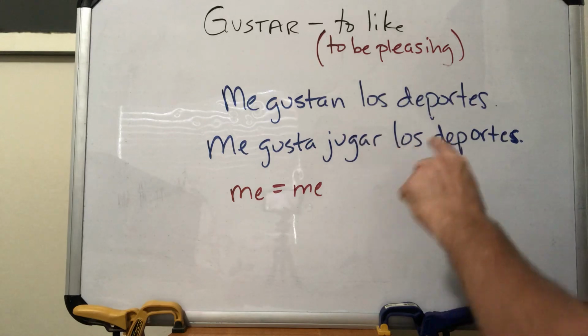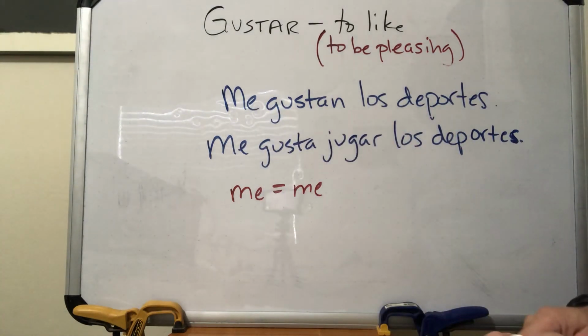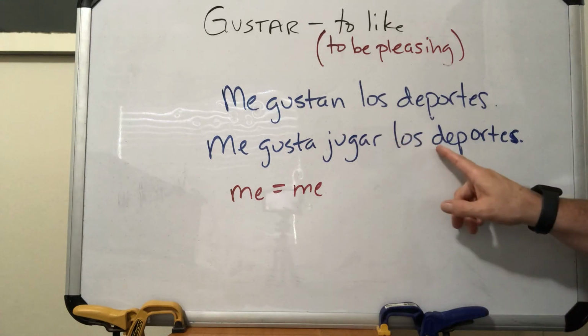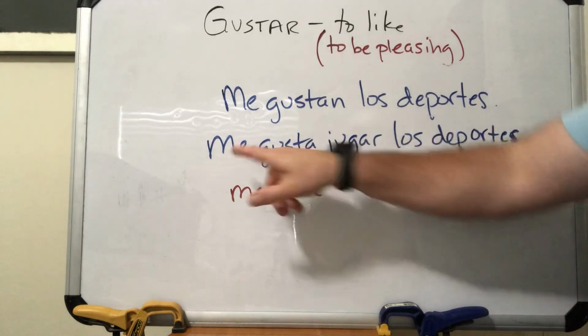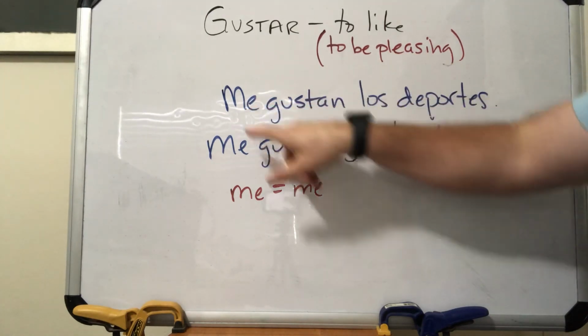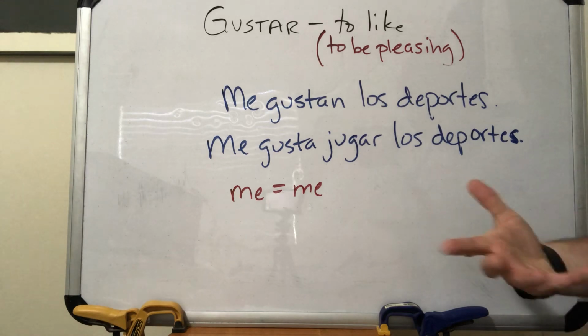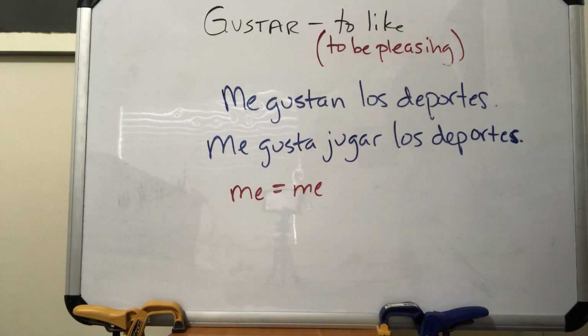Then you kind of do it backwards. So you say sports is pleasing to me. Okay? And playing sports is pleasing to me. So if you think of it that way, then it makes more sense to be pleasing, and then you translate this to be me. Okay? Not I. But again, the equivalent phrase in English is to say I like. Okay, that's our verb gustar.